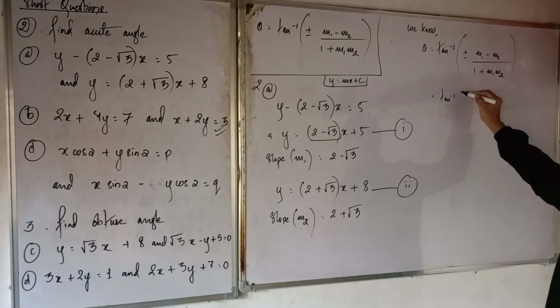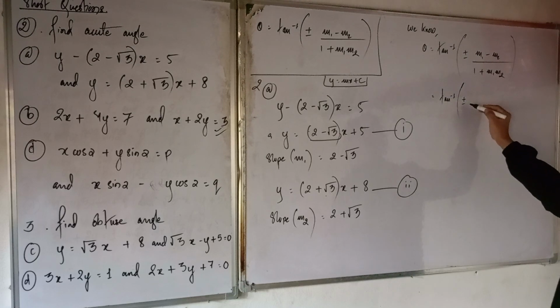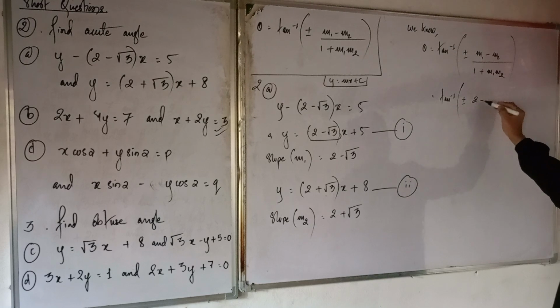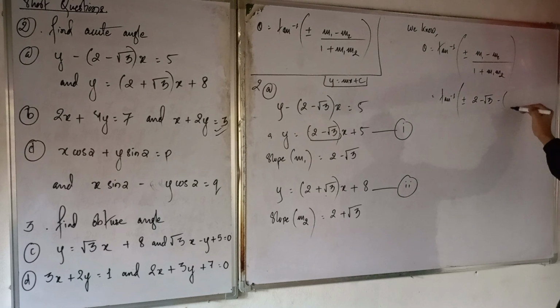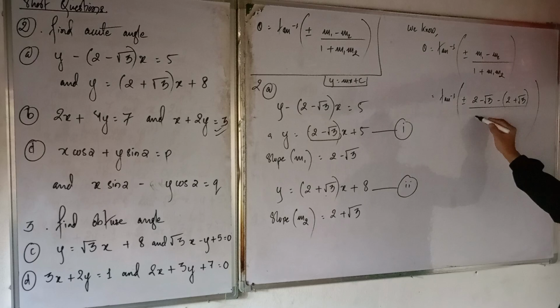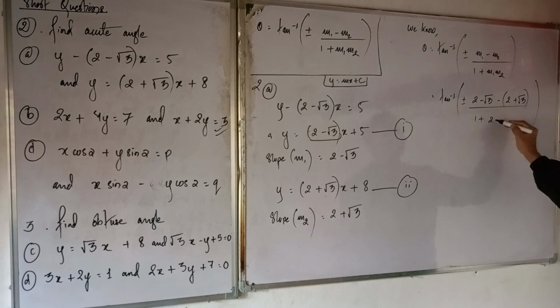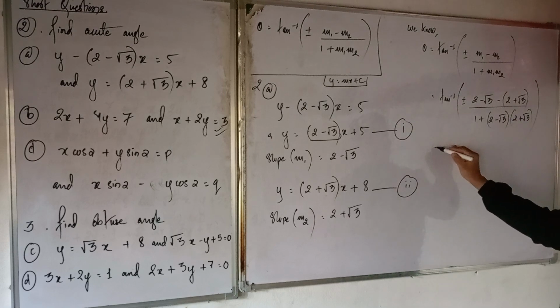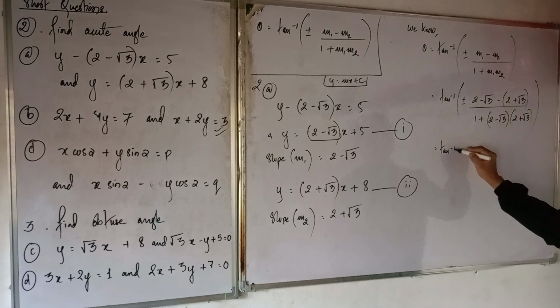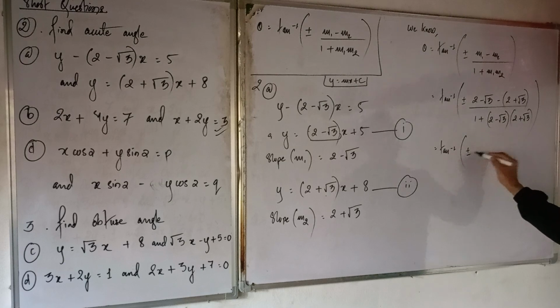So tan inverse plus or minus, m1 we have 2 minus root 3, minus m2 we have 2 plus root 3, divided by 1 plus m1 (2 minus root 3) m2 (2 plus root 3), equals tan inverse plus or minus 2 minus root 3.